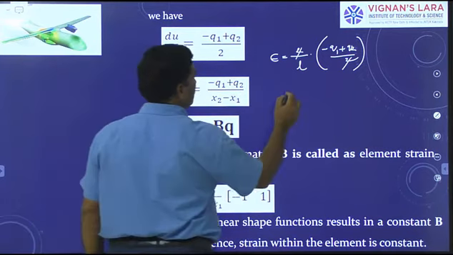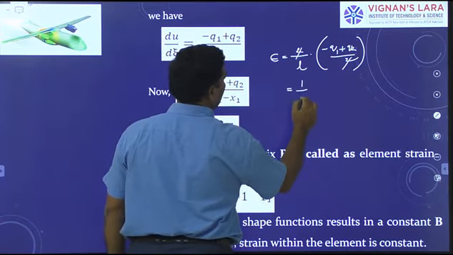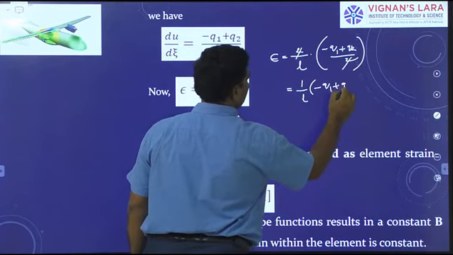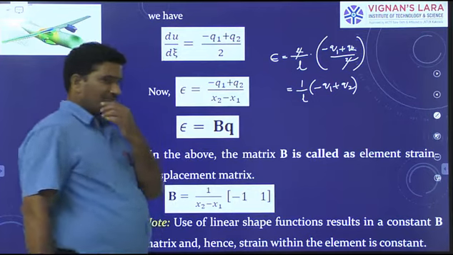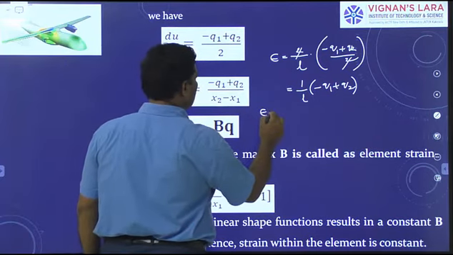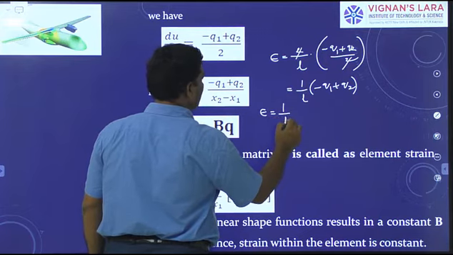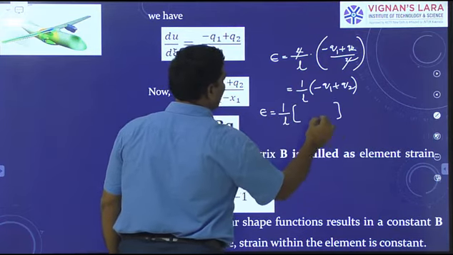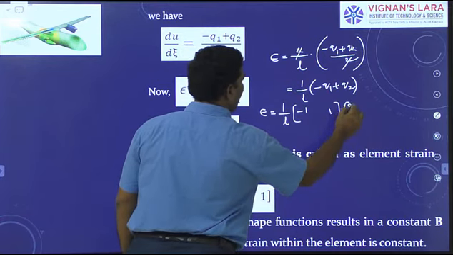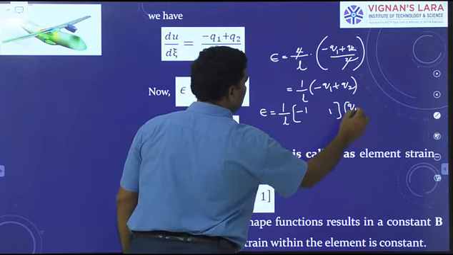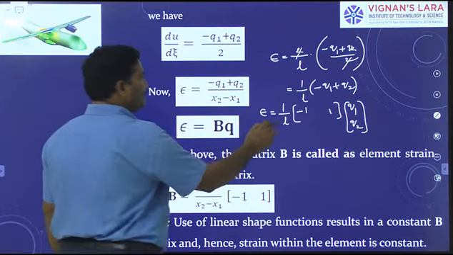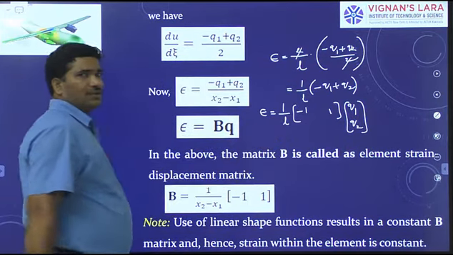Then what you get is 1/L into (minus q1 plus q2). We write it like this: epsilon equals 1/L into a row matrix having the elements minus 1 and plus 1, into a column matrix having the elements q1 and q2. What is L here? x2 minus x1.